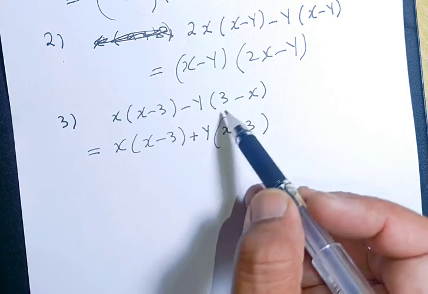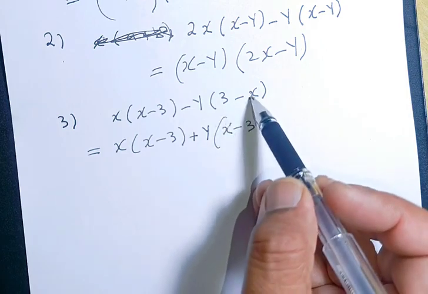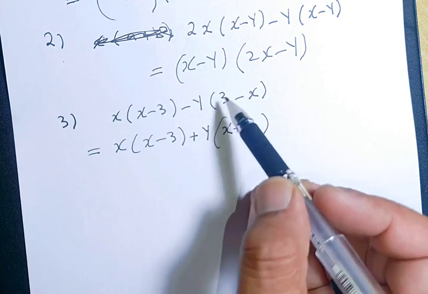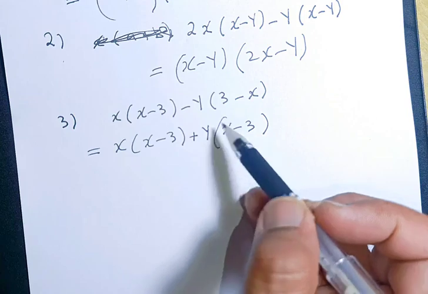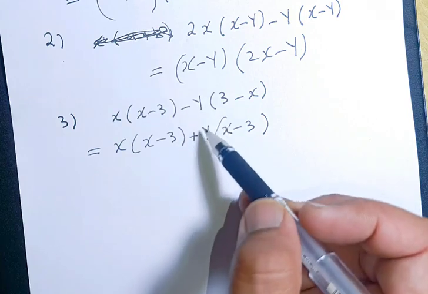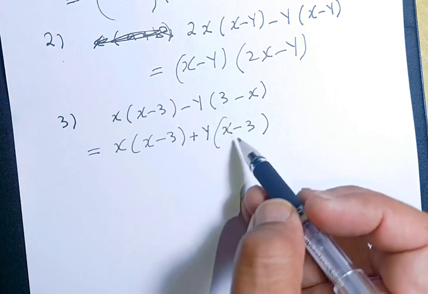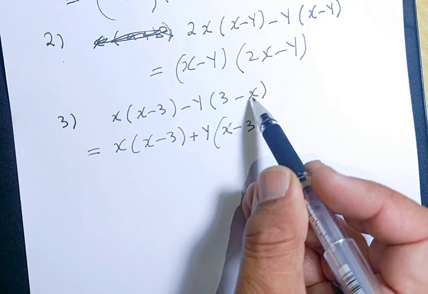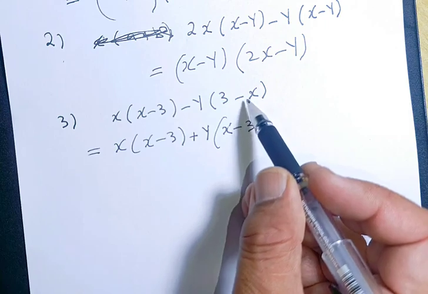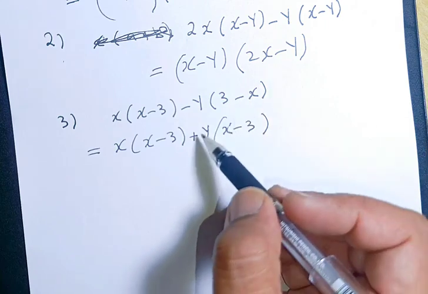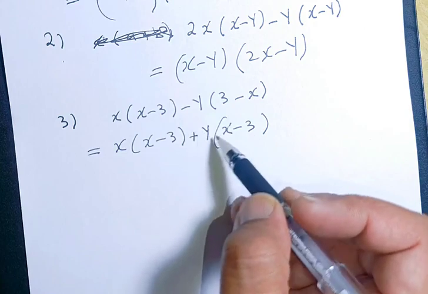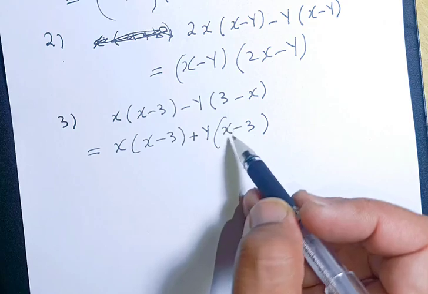Have a look. I say (x − 3). So x was negative, it becomes positive inside. The positive 3 becomes negative 3, and outside, negative y becomes positive y. So when I modify this one, I change the place of the negative x. Two things: the outside sign will change, and the inside sign will change as well.